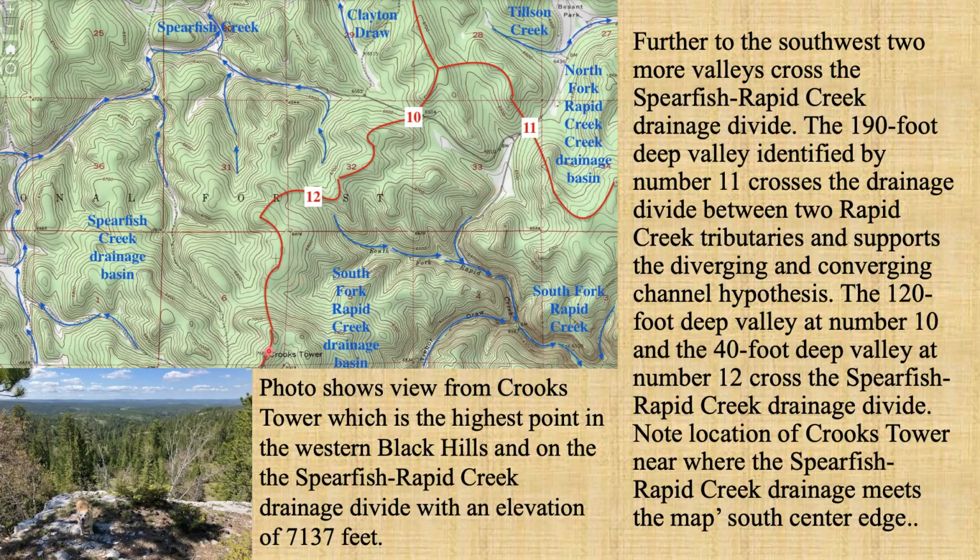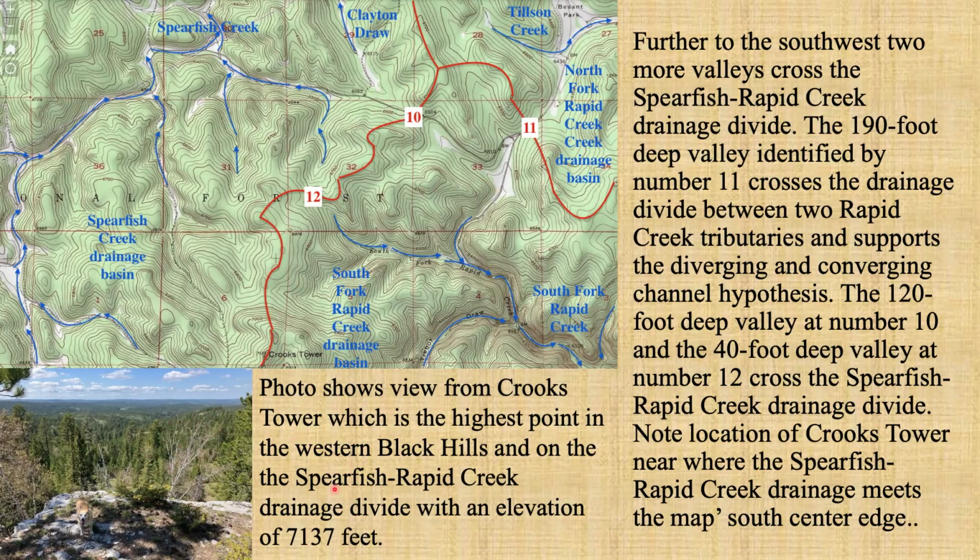Now, at the bottom here, where the drainage divide is crossing the bottom of this map section, we have Crook's Tower. And I want to mention Crook's Tower. You can see a picture taken off it here, where this is the highest point in the Western Black Hills. It's on the drainage divide.